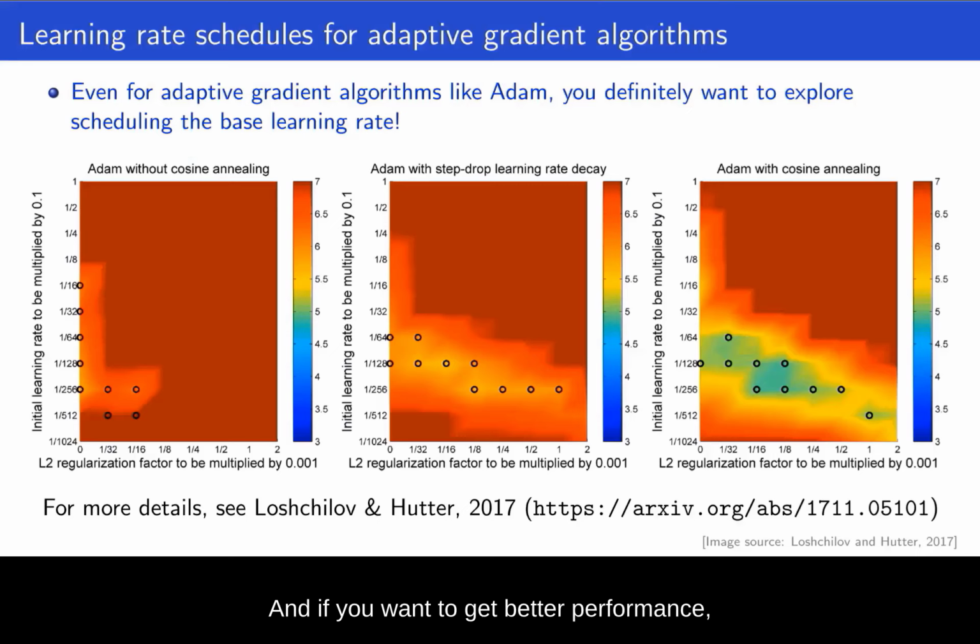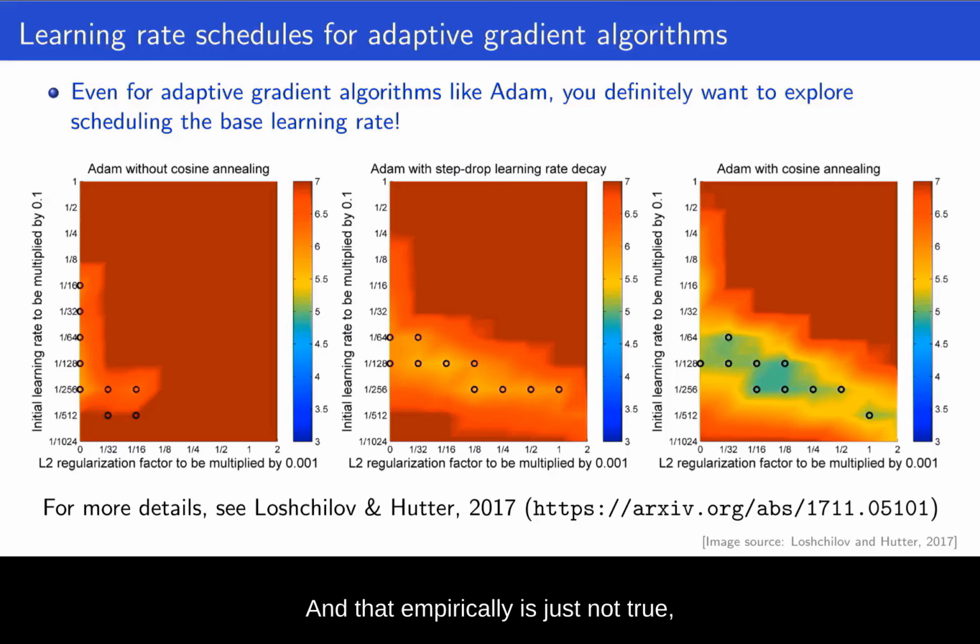And if you want to get better performance, then it is indeed a very good idea to adaptively schedule that. And that is something that is very rarely done in deep learning. There's this misconception that adaptive learning rate algorithms just take care of the learning rate and you don't need to do anything anymore to help them improve.